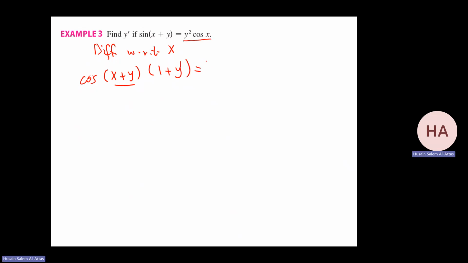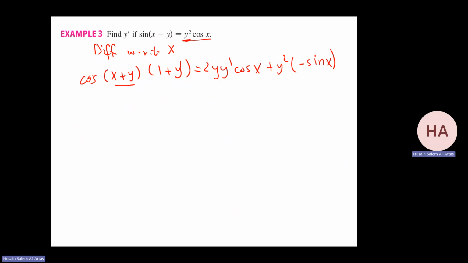Now we have a product of two functions. Derivative of the first, 2y y prime, times cosine x, then the first times the derivative of the second, which is minus sine x.